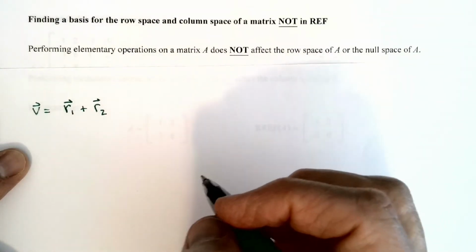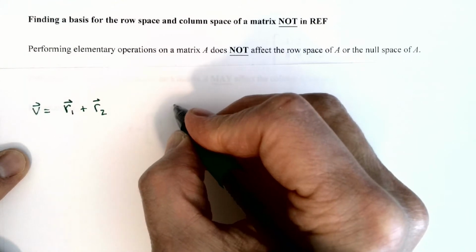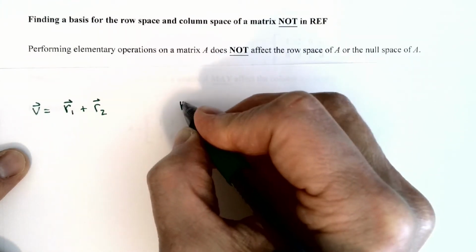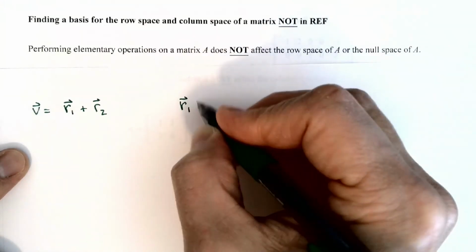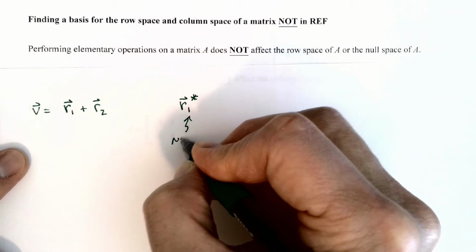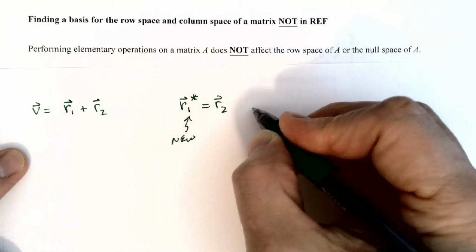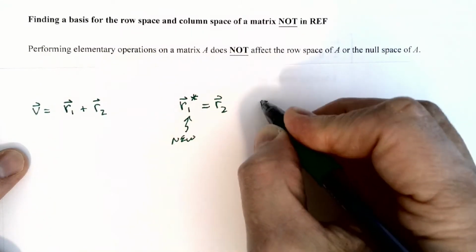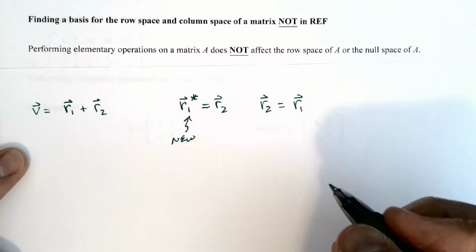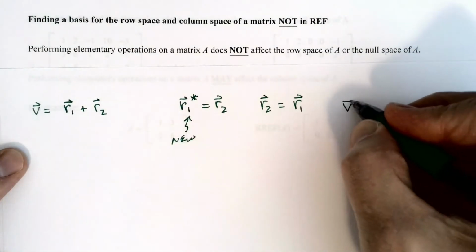Now, if I interchange the rows, that means the new row 1, the little asterisk will be the new one, is just the old row 2. And the new row 2 is just the old row 1. And so v is now what? Can I still write it?